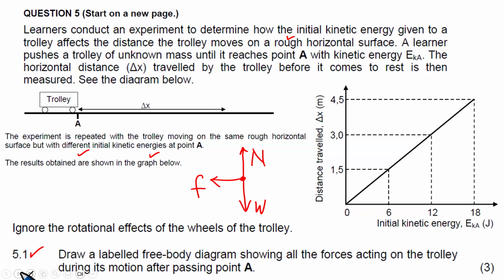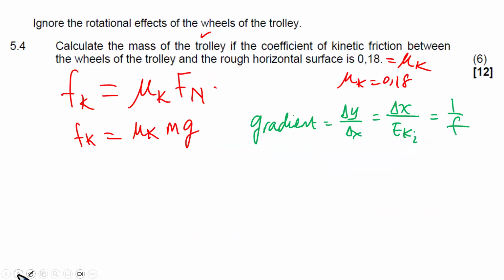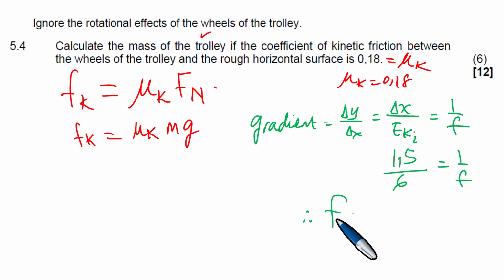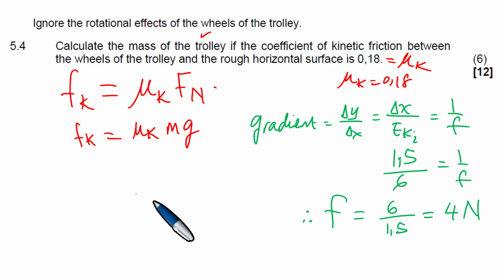Then you want to find the gradient, which means the gradient would be 1 over f. So that in the end you have 6 divided by 1.5, which is 4 newtons.